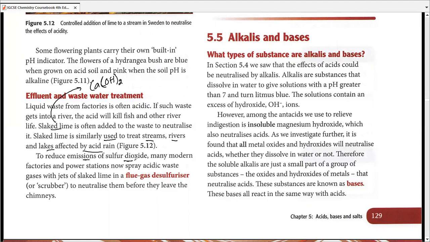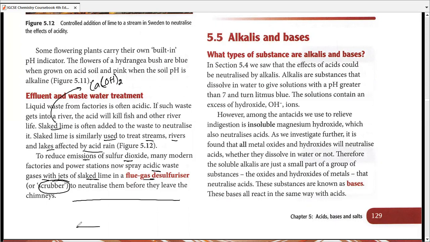Now, we have studied this specific topic in chapter 1. Many modern factories and power stations now spray acidic waste with bits of flake lime in a flue gas desulfurizer. We also call it a scrubber.